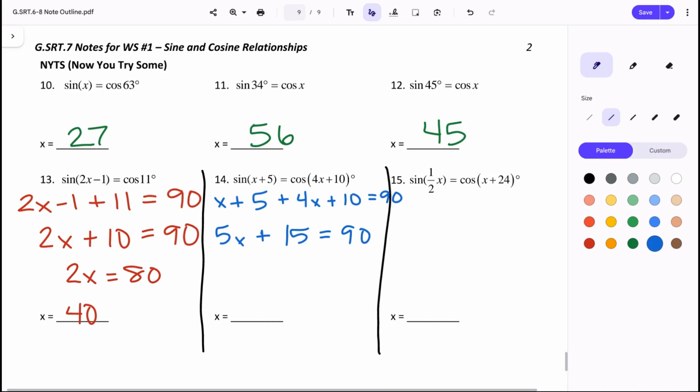So go ahead and take a second and finish that one off on your own. So what do we get for x? Good, 15.